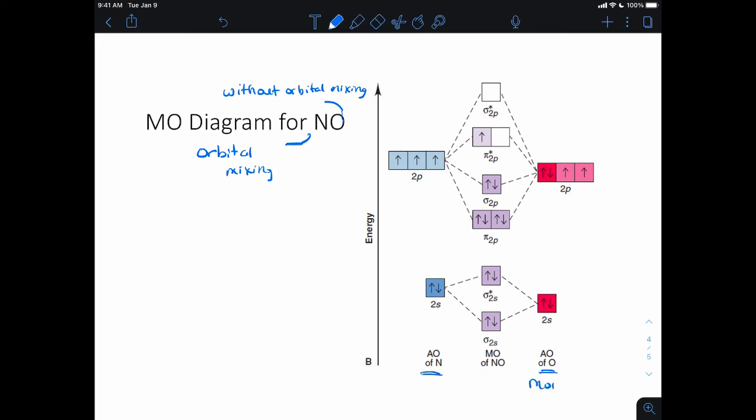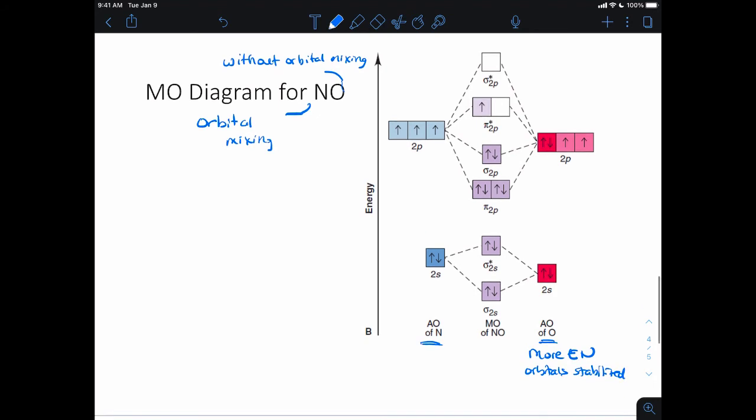Oxygen's more electronegative, so its orbitals are stabilized and a little lower in energy than nitrogen's. So notice the 2s of the oxygen is a little bit lower than the 2s of the nitrogen, and the same thing for the 2p.